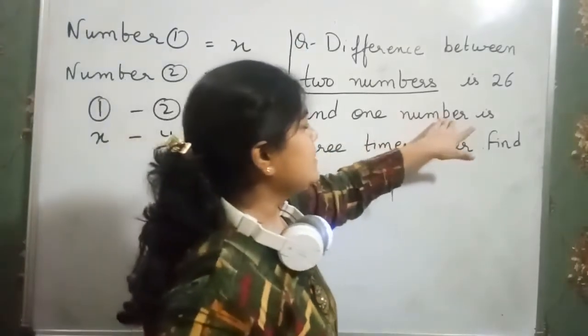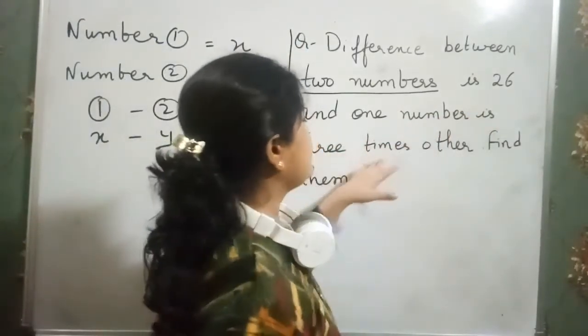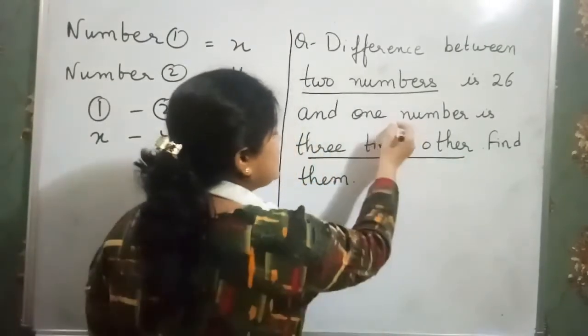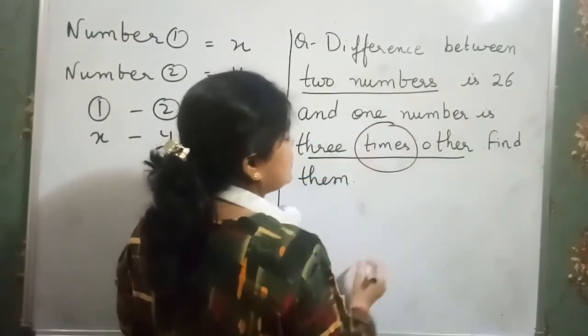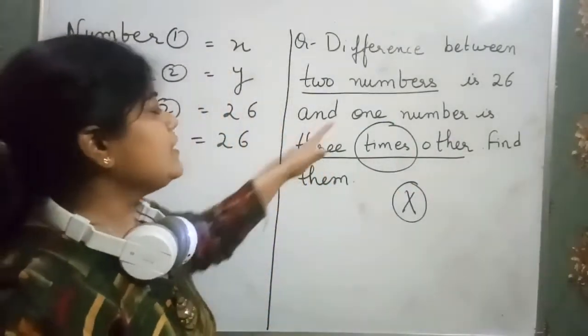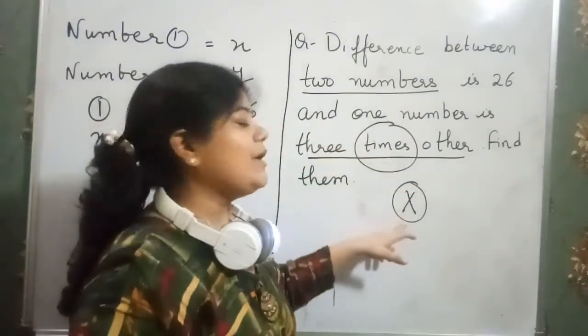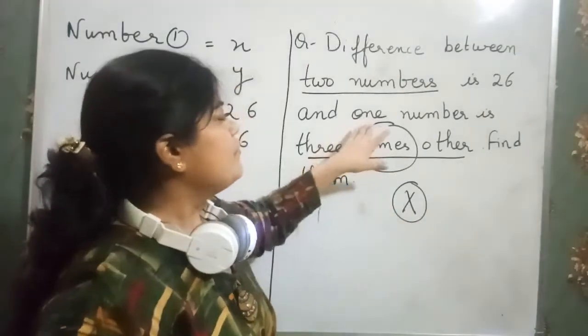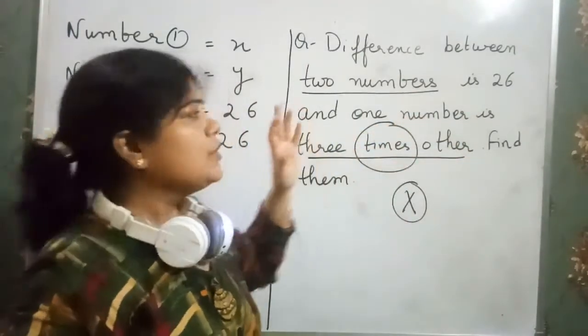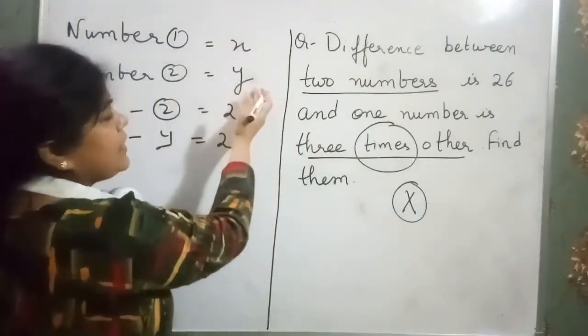And one number is 3 times the other. Whenever there is times, you have to multiply. Clear? When in the question it is written times, you have to multiply. One number is 3 times the other. You can take any one of them.